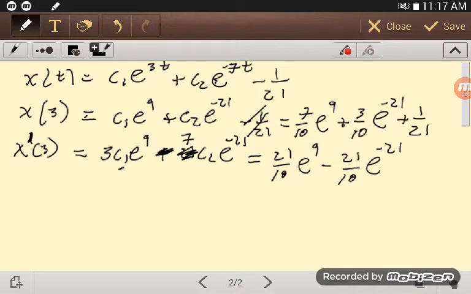But actually it doesn't quite work that way. To solve these simultaneous equations is a pain. But I'm just looking back at my notes at what I did.